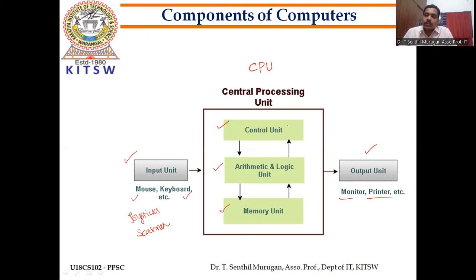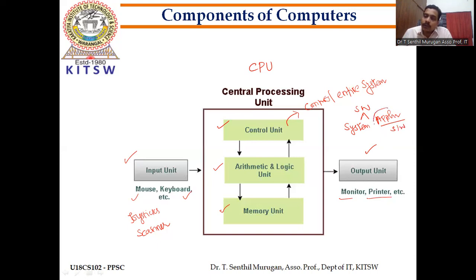What is the control unit? The control unit controls the entire system. For example, in our computer, two types of software will be there: system software and application software. Normally in mobiles we say app, this app, that app; the many apps are considered application software.